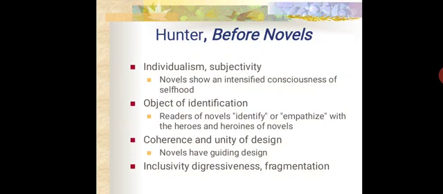Coherence and unity of design. Novels have guiding design and inclusivity, digressiveness, fragmentation. There is also a fragmentation of the events, but there is a relation to the middle class people. Thank you.